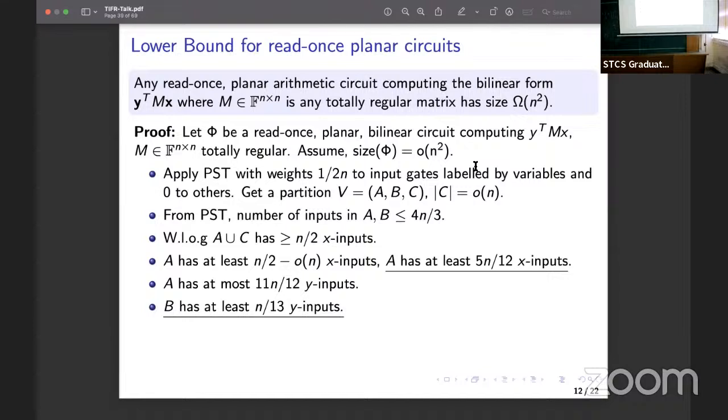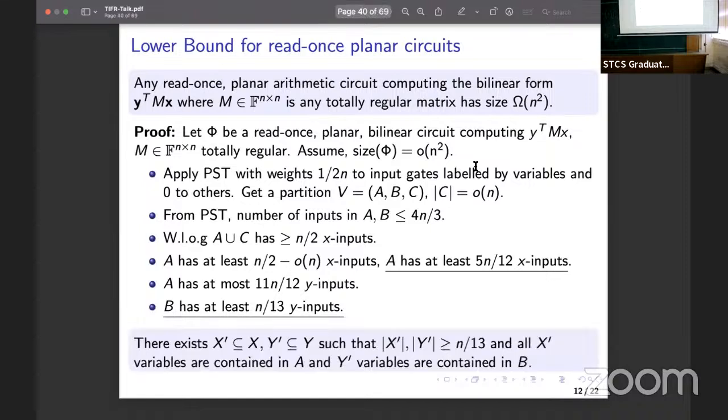The rest are distributed across A, B, C. Some of them can be in C, but at most little o of n, since the separator is sublinear.